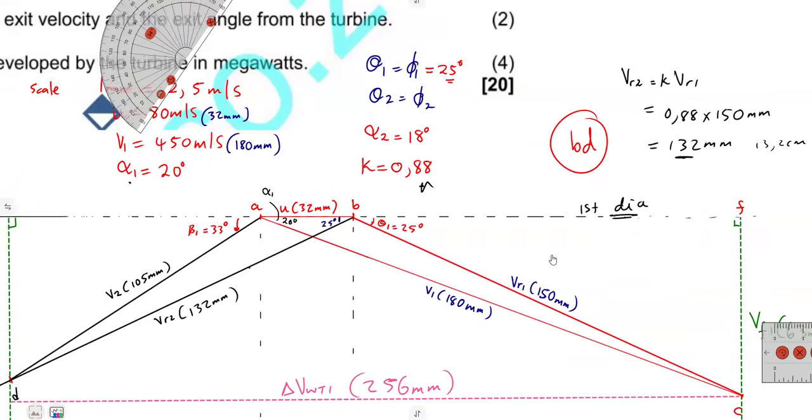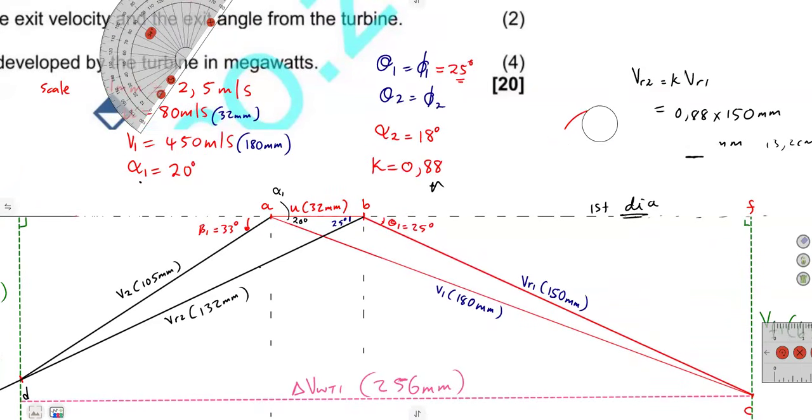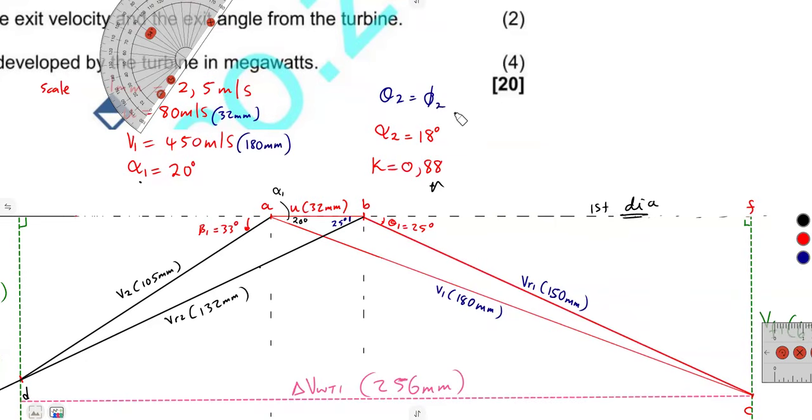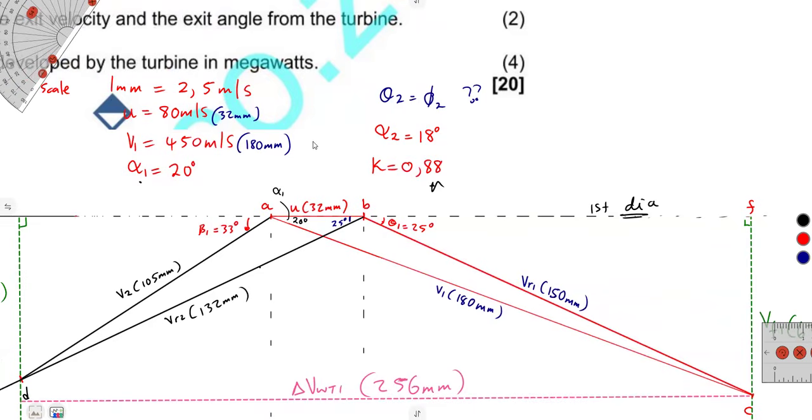On the second diagram, from what we are given, we know this part is for symmetrical blading. We do understand this is to be applied, but we do not have that so far. What we are given for that is this angle, alpha 2, at 18 degrees. That is the only part that we have. So what can we do?